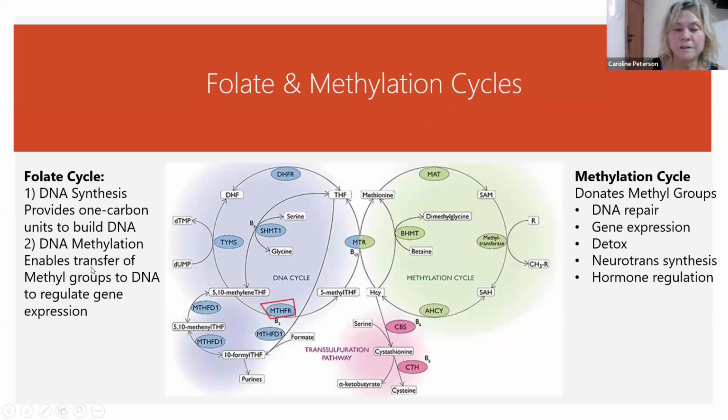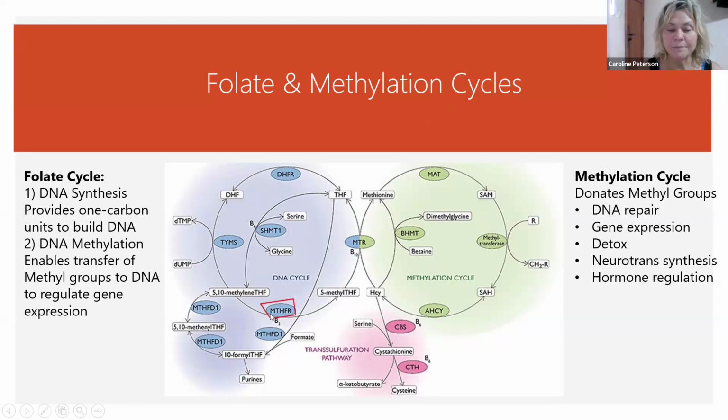So this, the green one, is the methylation cycle. The blue one, they're calling it here the DNA cycle, but generally it's called the folate cycle. And then the pink one is the transsulfuration pathway. So this folate cycle, the kind of bluish purple one, is important for DNA synthesis and DNA methylation.